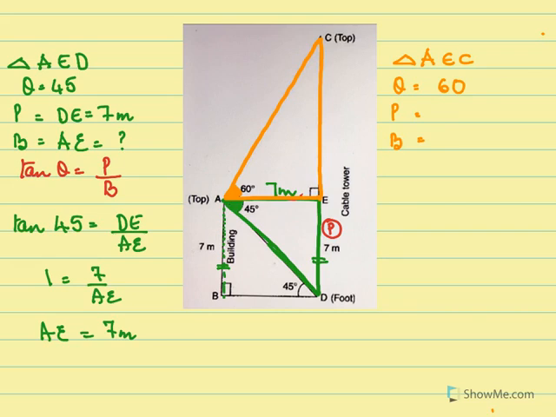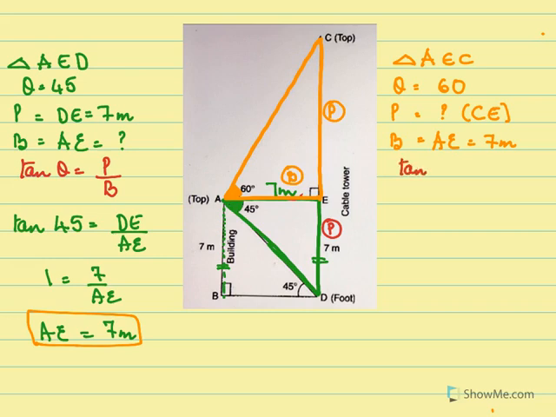Now for 60, who is the perpendicular? Here is the perpendicular. And this is the base. Now in this case, the perpendicular we do not know, so we just put a question. However, the perpendicular we know is CE, but we don't know its measure. The base we know is AE, and we found out the measure 7 meter. In the earlier triangle, we found out AE is 7 meter, and we are using it now in the next triangle.